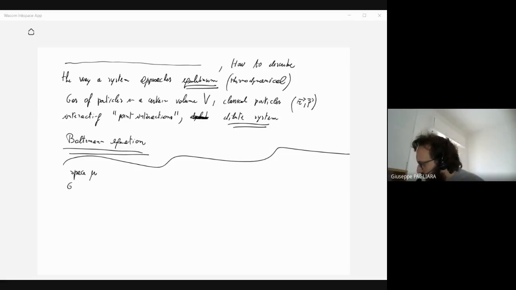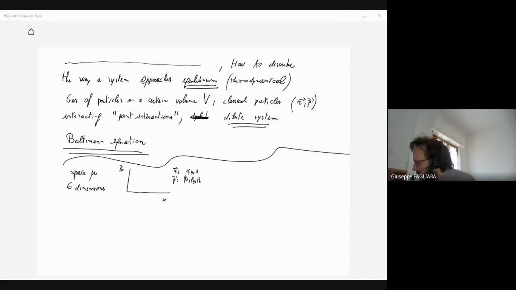which is a space of six dimensions, in which three of those axes are the three axes of position, and the other three are the axes of the components of the momentum. So let's just consider two axes, x and px, okay? Where x, y, z, px, py, pz are the components of the position and of the momenta of the particles, okay?